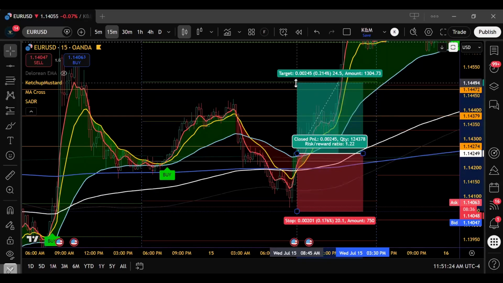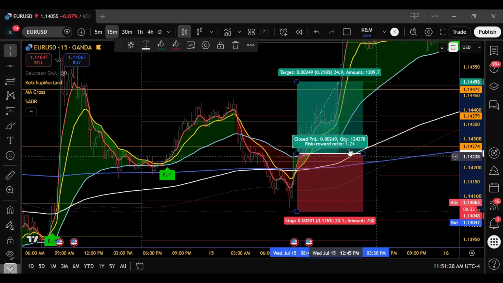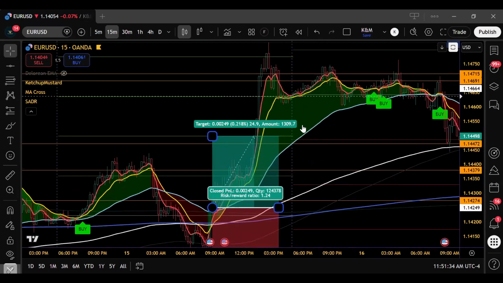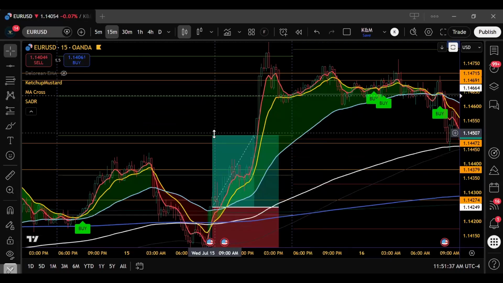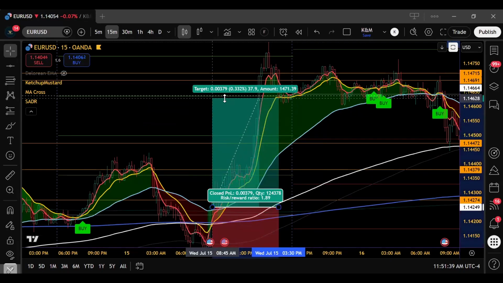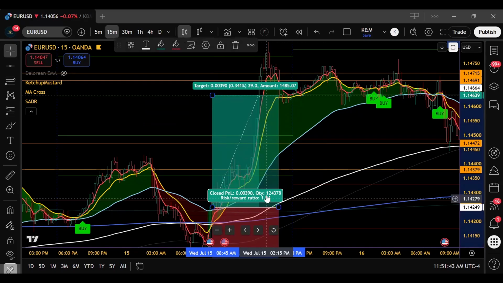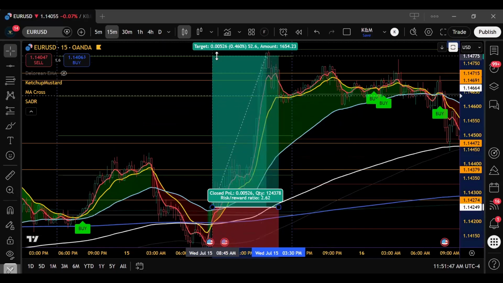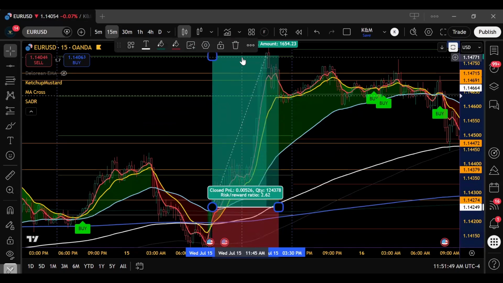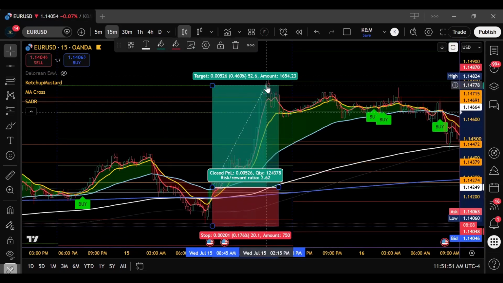If I want to go for the second ADR, I would have had a 1.24 risk to reward, and it would have hit that target. Now I put my TP at the next one, which is right here. I would have been at a 1.94, pretty much a 2 risk to reward. And then the final target got you 2.62, and it came and hit that last target.